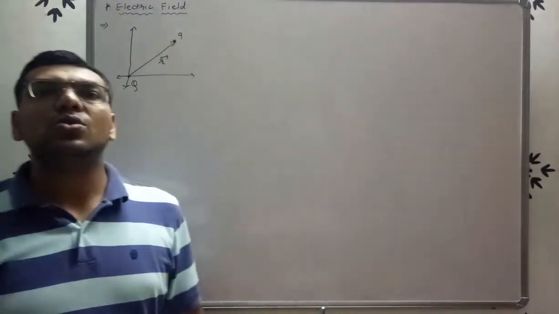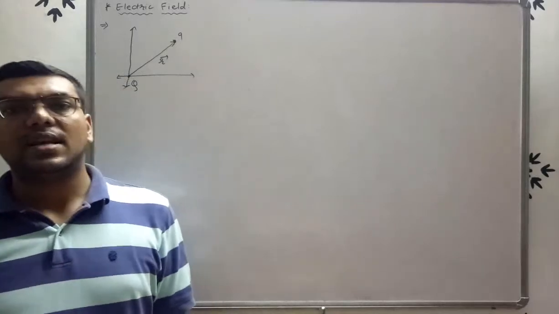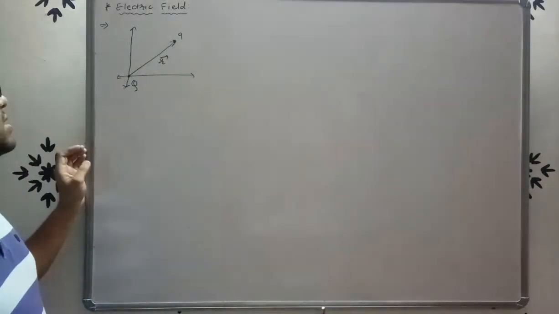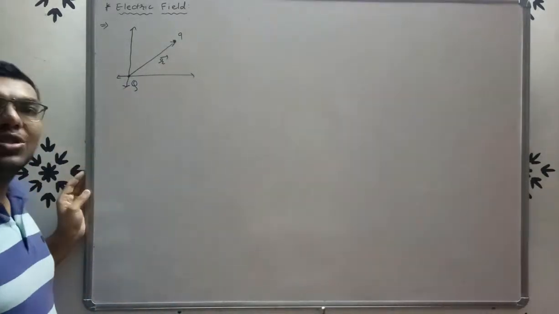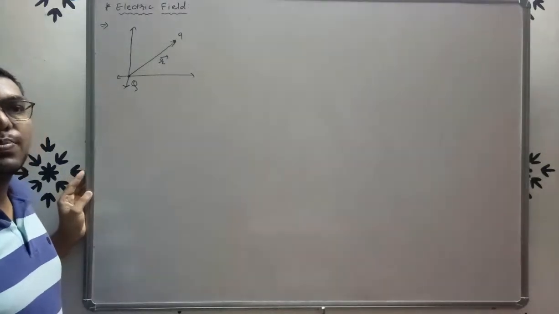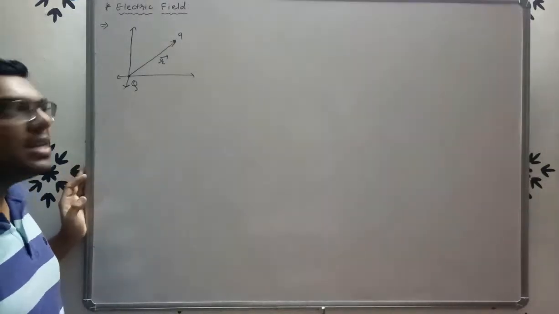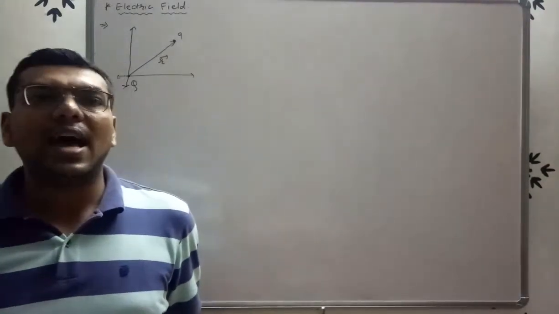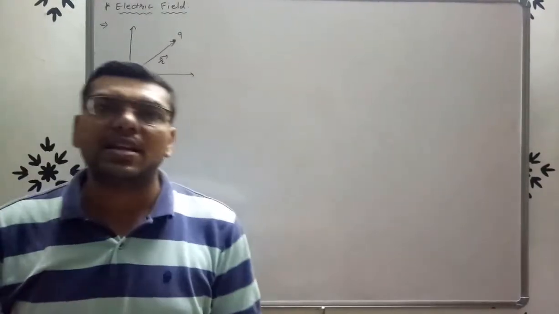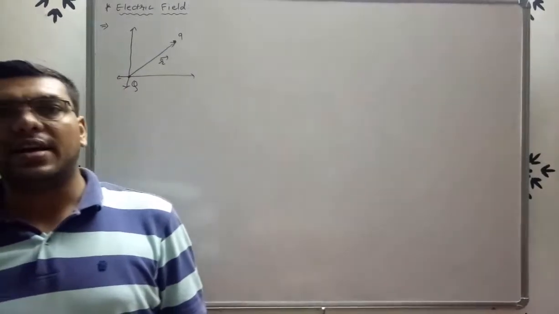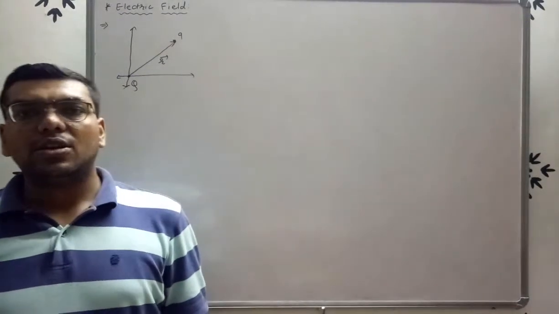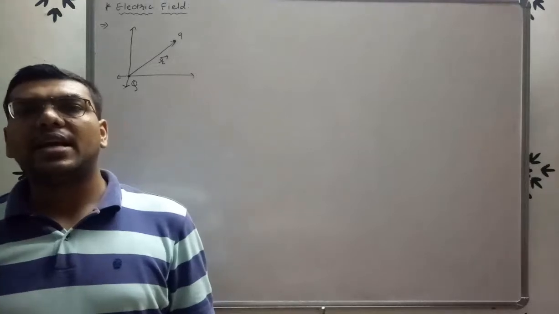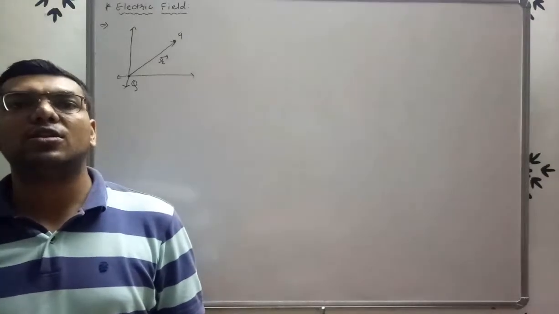So you have to write this statement like this: as shown in figure, capital Q charge is placed at the origin and small q charge at a distance r, right?